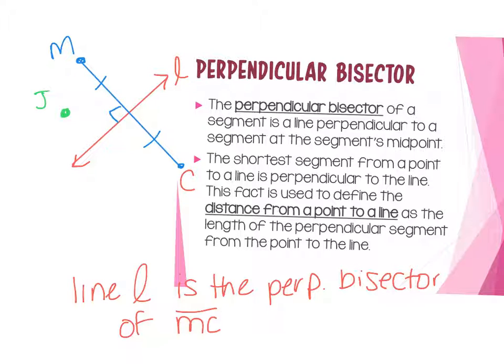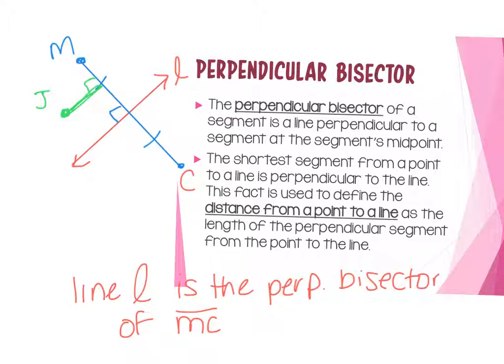Those are all totally different. The true distance from a point to a line is the perpendicular segment that connects them. So the only one that would show true distance and the shortest distance would be a perpendicular segment like that. So from point to line, or point to segment, or point to ray, the shortest distance would be a perpendicular segment connecting those.